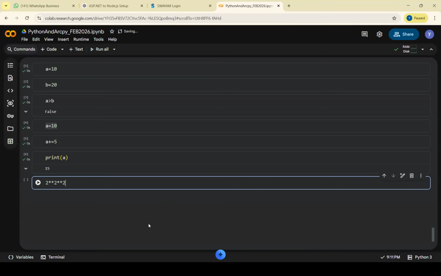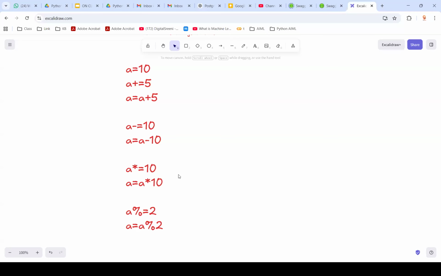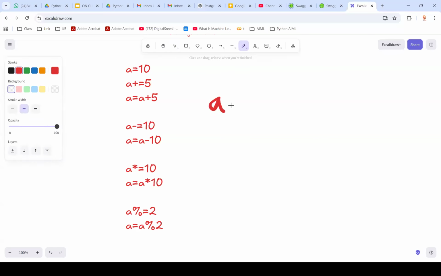If you remember, in our previous session, we already learned this. What is the meaning of A star star 2? The meaning of this is A to the power 2. Correct?